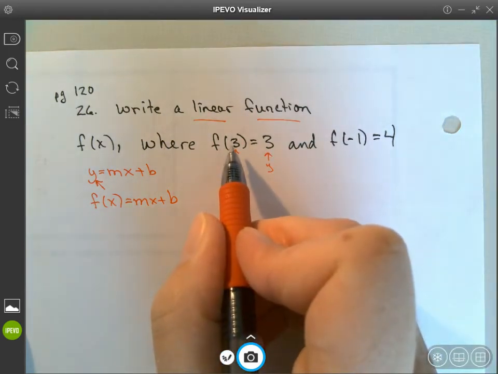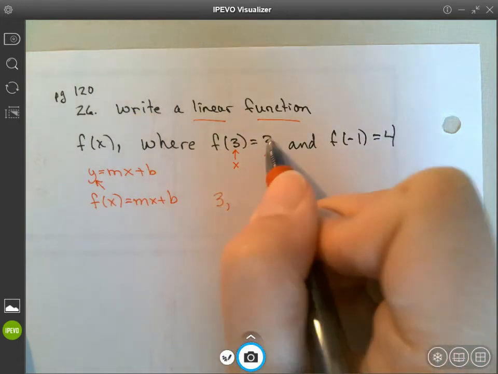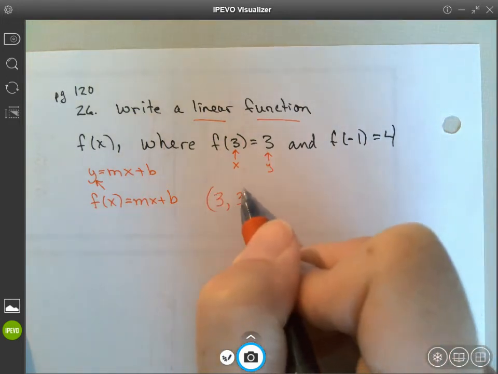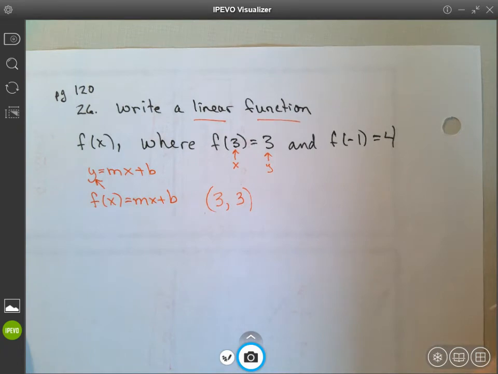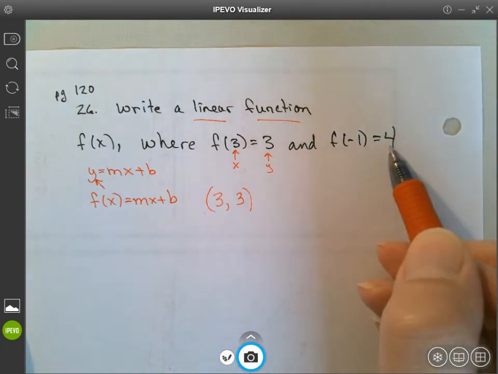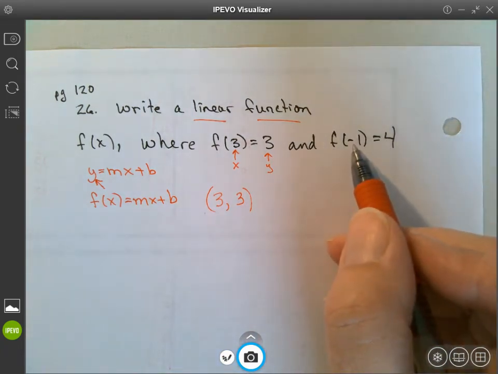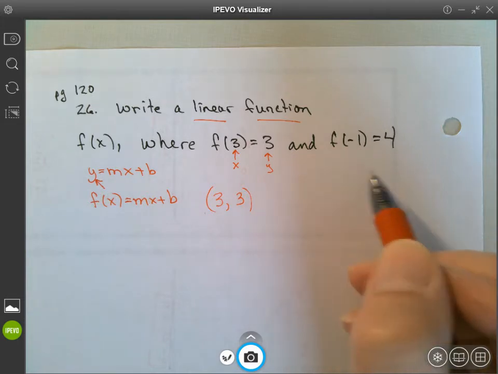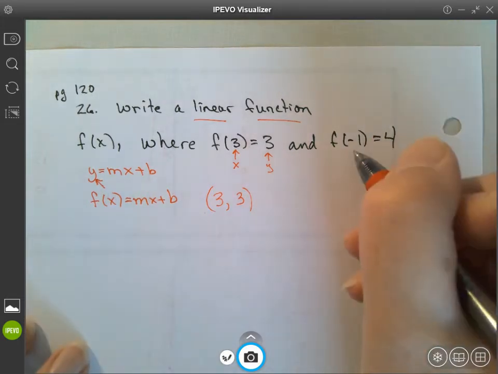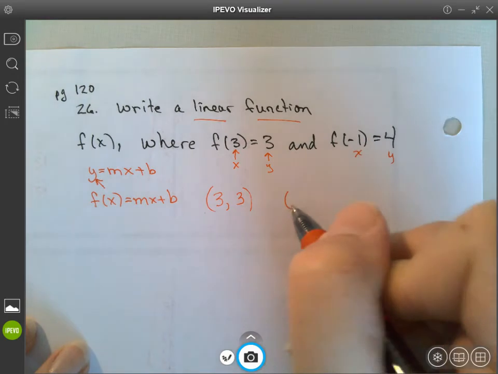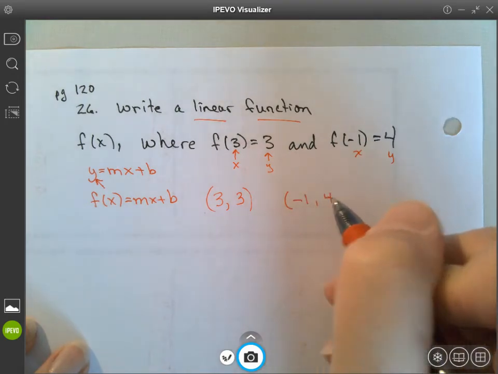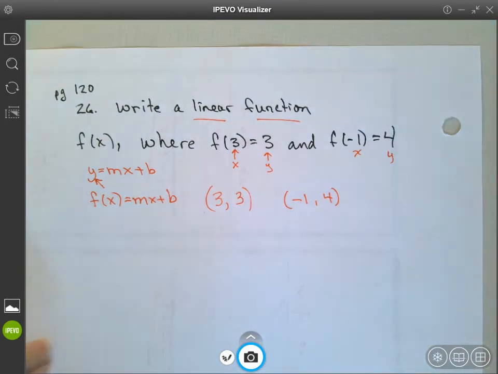So do you see that the 3 is the input and the 3 is the output, that you really were given ordered pairs? So think about f of negative 1 equals 4. If you put negative 1 into this function, you'll get out 4. This is your x value, this is your y. So do you see that they gave you ordered pairs in function form?